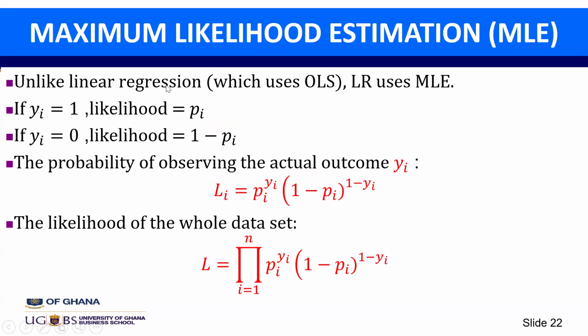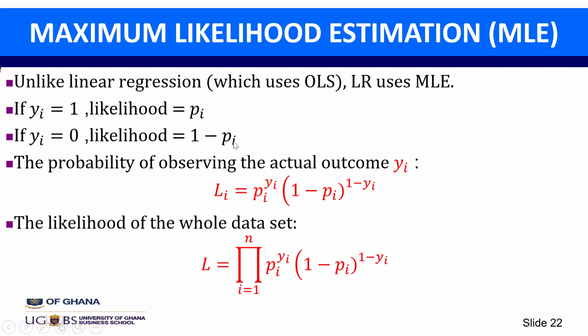Unlike the linear regression, which normally uses OLS or ordinary least squares, the logistic regression uses the maximum likelihood estimation, which means that if y is equal to 1, the probability is equal to p. And if y is equal to 0, the probability is equal to 1 minus p.